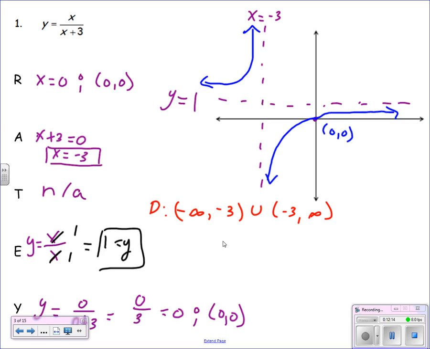So that's the domain. The range, again, range is from the bottom to the top. So at the very bottom, again, it's negative infinity because it continuously goes downwards. And as we go upwards, it approaches 1, but doesn't touch. So that's why, even though 1 is a number, because it doesn't touch it, we use parentheses and not brackets.